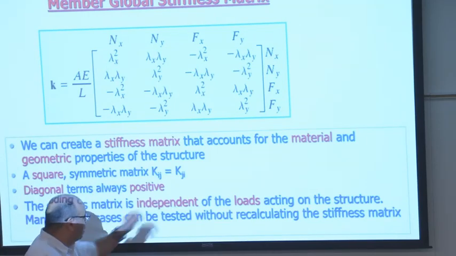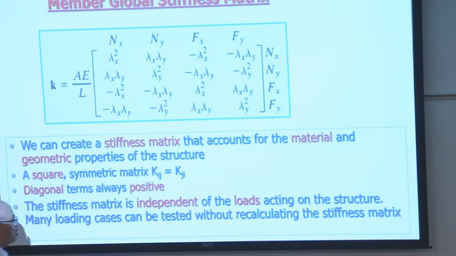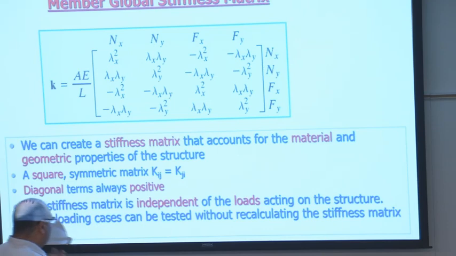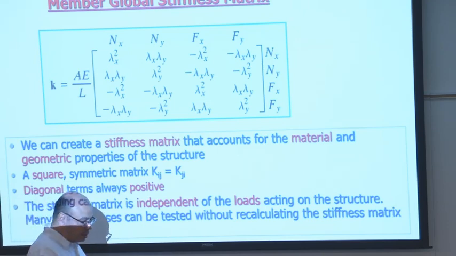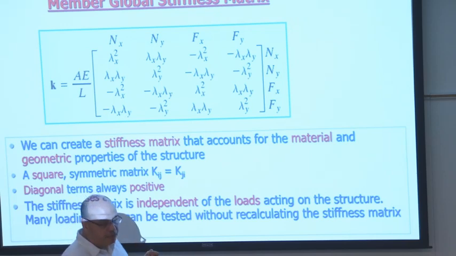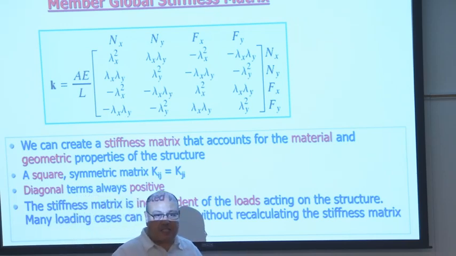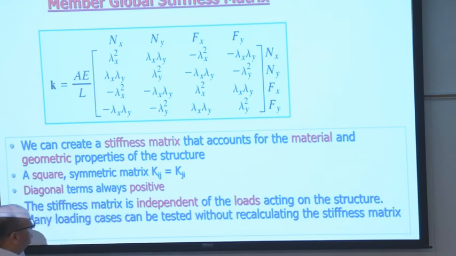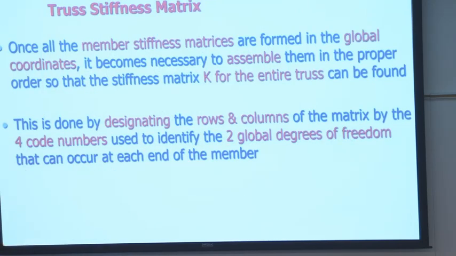The diagonals are positive, and the stiffness matrix is independent of the load, meaning it does not depend on the load. It depends only on this inherent feature or characteristics of the member of cross-sectional area and modulus of elasticity or material type and the length and the orientation, as you can see. I hope this is good for you guys and you understand this member stiffness matrix.